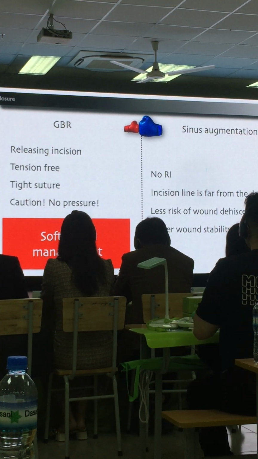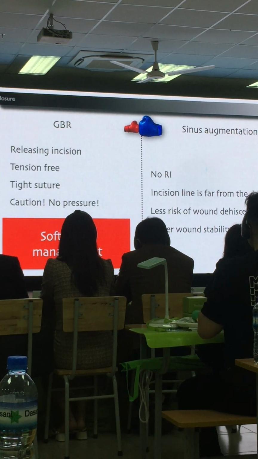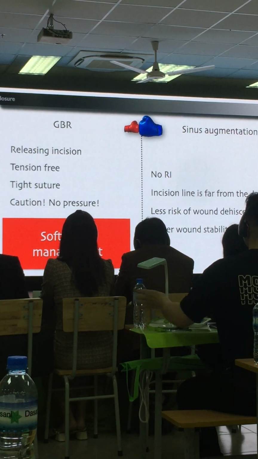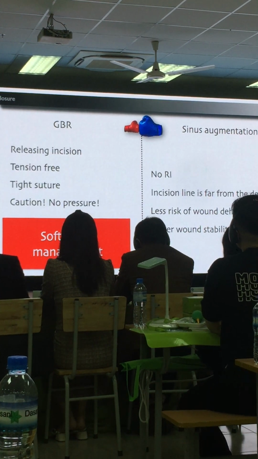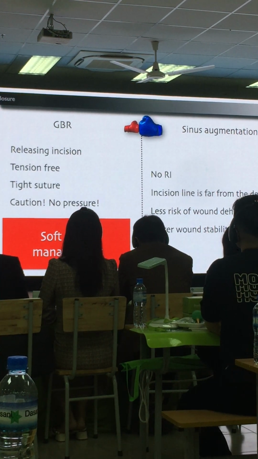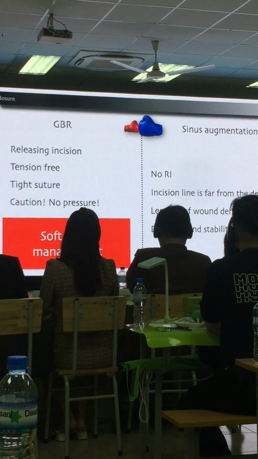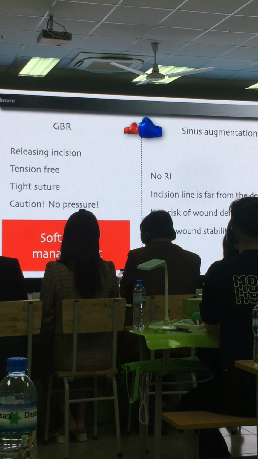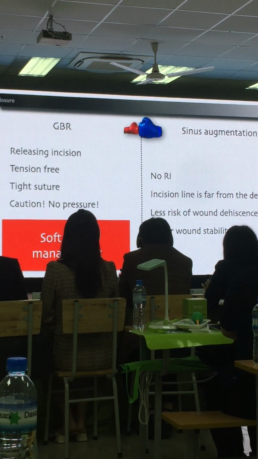In general, the incision line lies on the augmented bone mass, which has a lack of blood supply. So, tight sutures are needed to prevent wound dehiscence during healing. After surgery, special wound care is needed without any pressure. Soft tissue management is very technique sensitive. It is also very stressful to clinicians as well as patients during the healing phase and recall checkup.